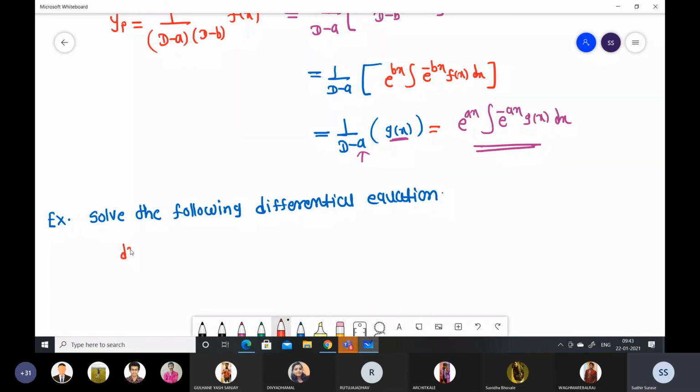Very first question we have d2y by dx square plus 3 times dy by dx plus 2 times y is equal to, right hand side, e to the power x.